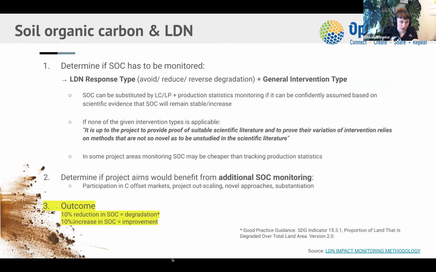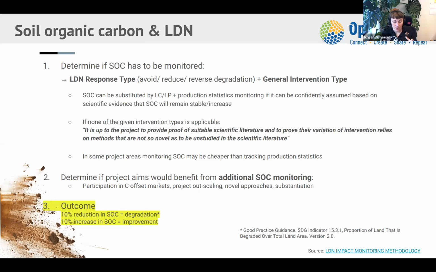This approach comes from the good practice guidance for 15.3.1. And in this approach, essentially a 10% reduction in soil organic carbon is considered a degradation, an increase an improvement. So if anyone, this is an arbitrary number, okay? In absence of better numbers, it is an arbitrary number. This will need to be refined, right?